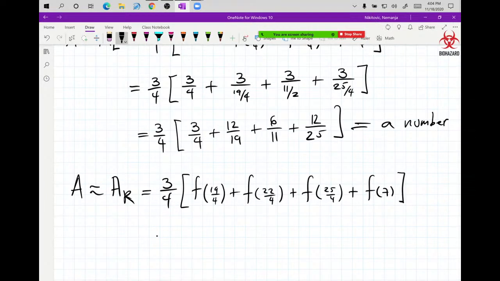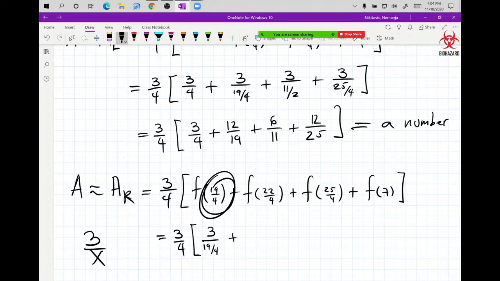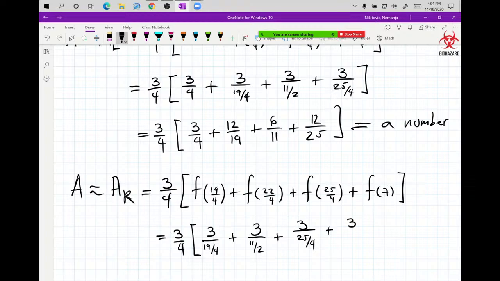And that's going to give us, again, the same. So we have 3/19/4 because the function is 3 over x, right? And your x is whatever is in the parenthesis. So you have to go and calculate. So 3 over 11 over 2 plus 3 over 25 over 4 plus 3 over 7.